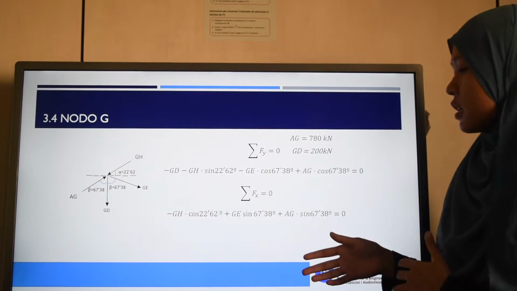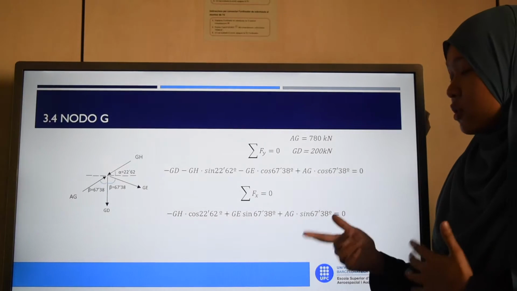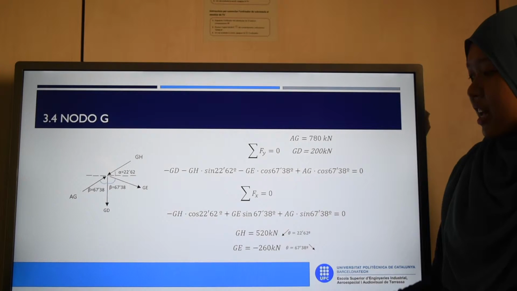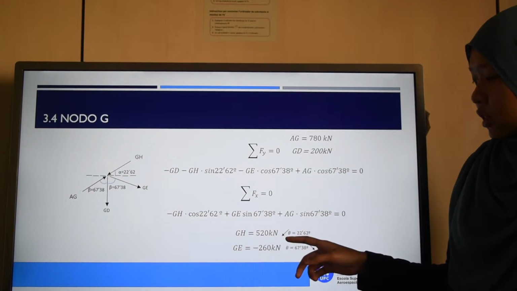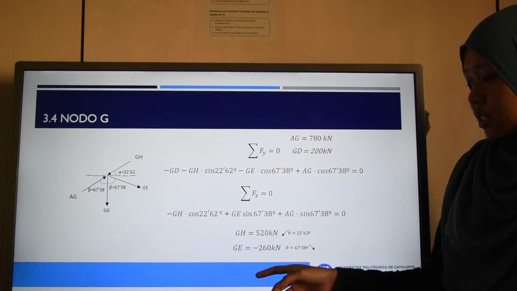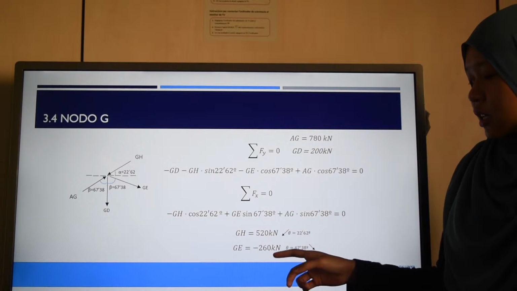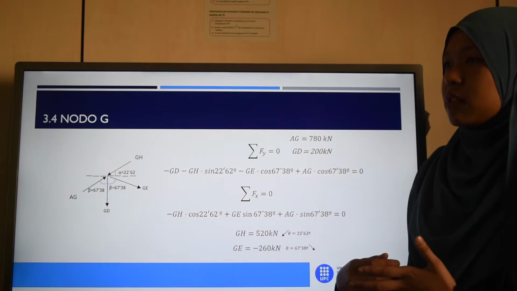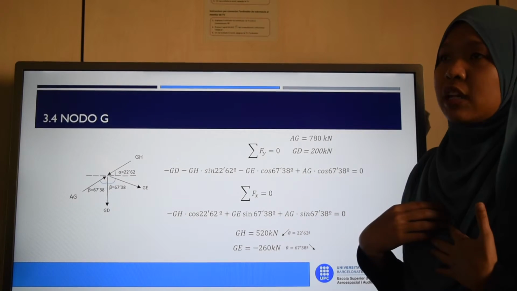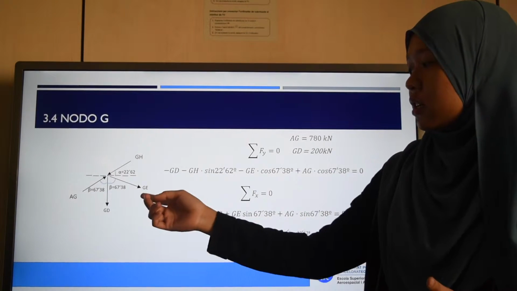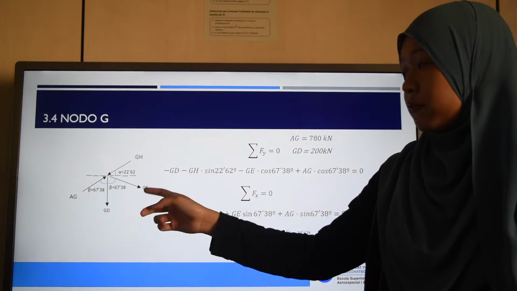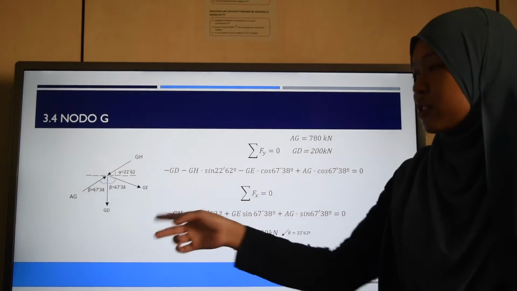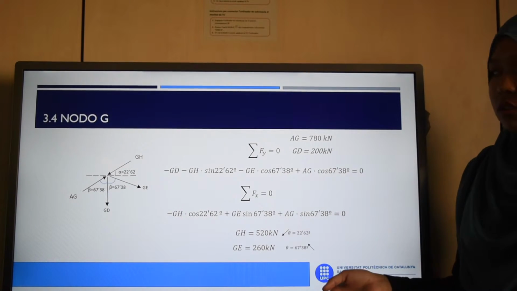So by using the method of substitution, we find that GH is 520 kilonewtons and GE is negative 260 kilonewtons. Since GE gives us a negative value, our hypothesis here is wrong. The force GE is supposed to be a compression force, not a traction force.